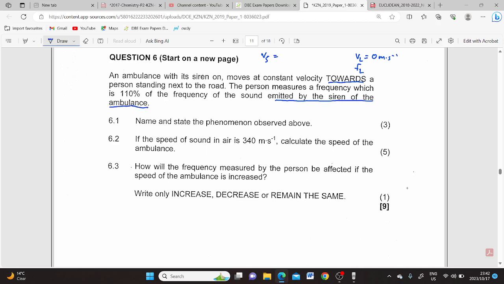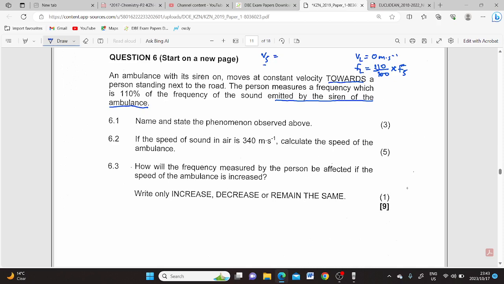So this listener is hearing 110 divided by 100 times the frequency of the source. That is what we have.